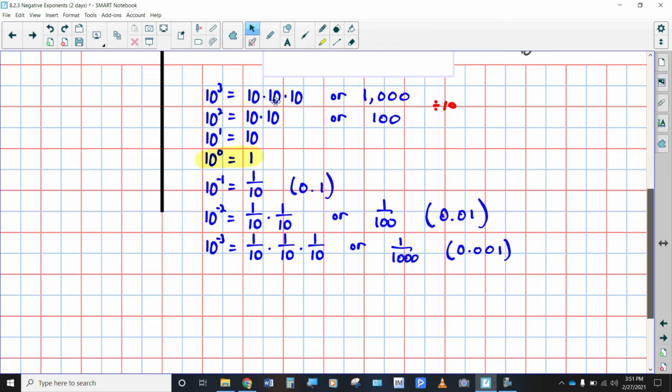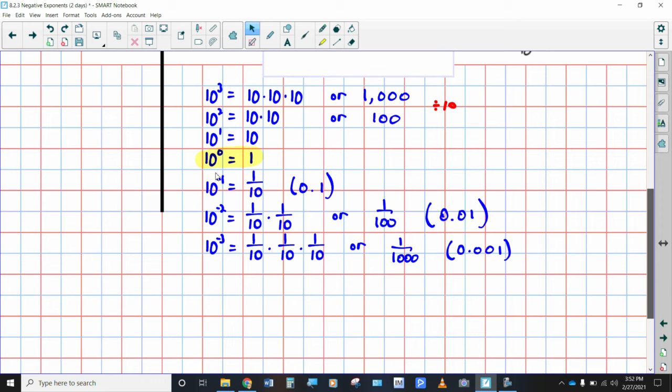If you think about the pattern here, notice what is happening. Our base is 10. Our exponent tells you how many times to repeatedly multiply your base together. Look at what we did with 10 to the negative third. We still repeatedly multiplied 3 times, but we're not dealing with the number 10 anymore. We're dealing with 1/10.